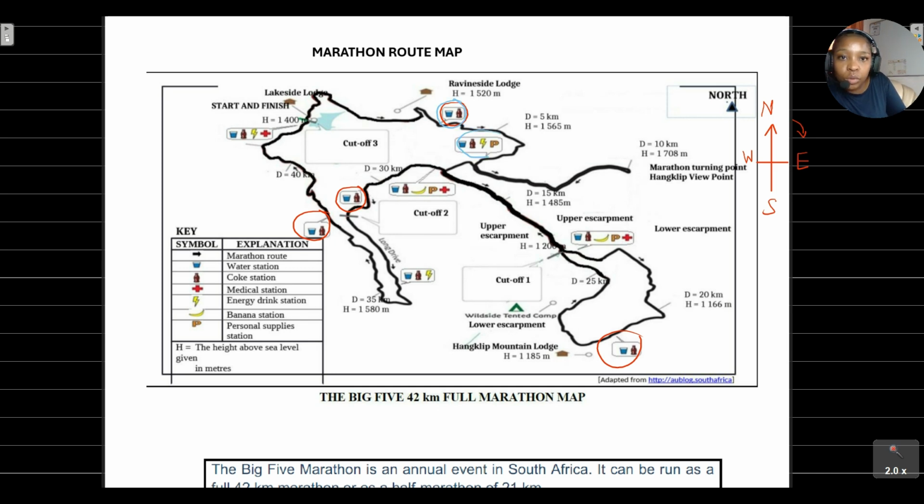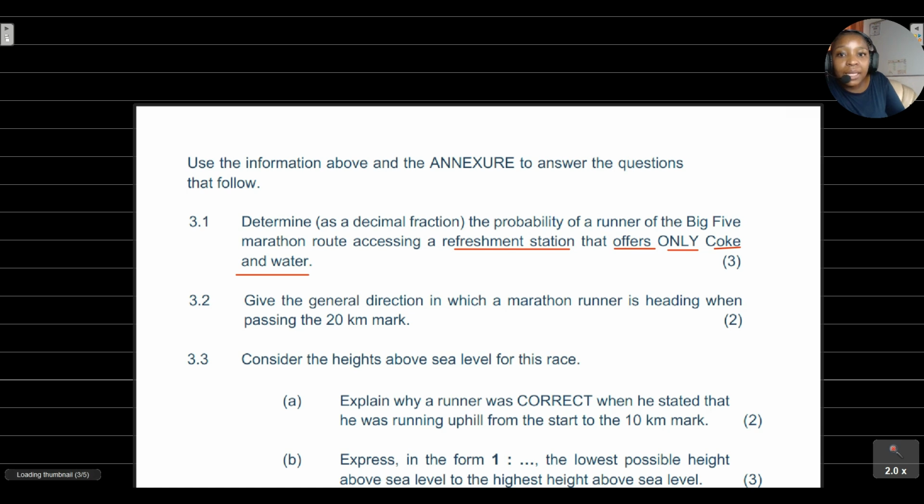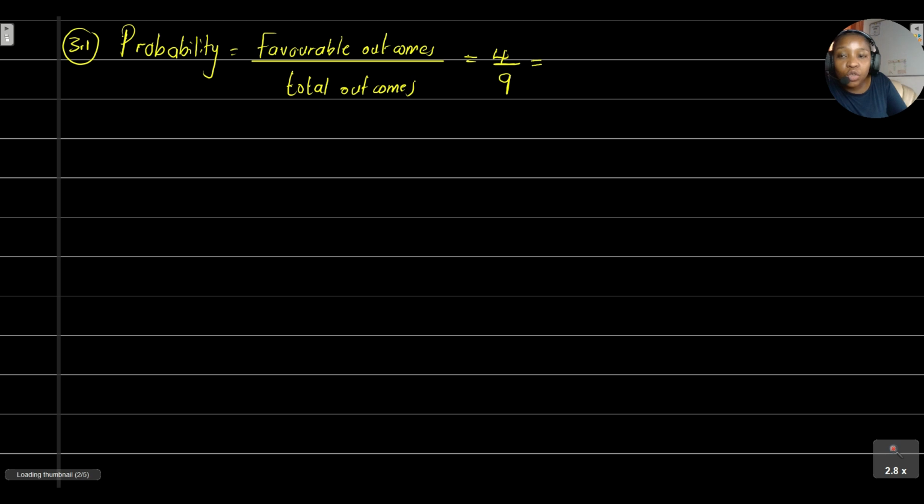It's 1, 2, 3, 4, 5, 6, 7, 8, 9. So there's a total of 9 refreshment stations. Remember they asked for us to give the probability as a decimal fraction. So 4 over 9, we need to write this as a decimal, which is 0.44, if you round it off to 2 decimal places.